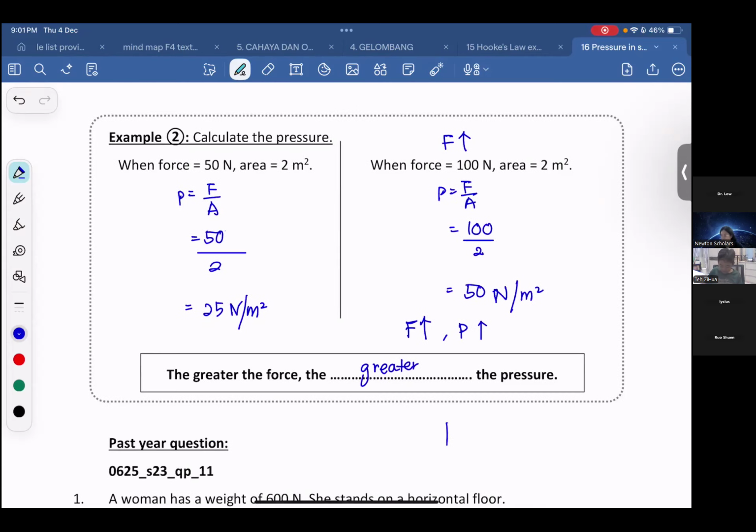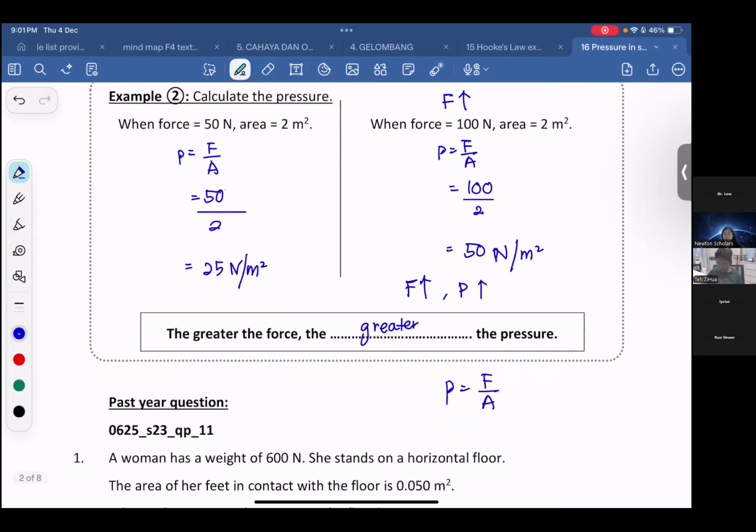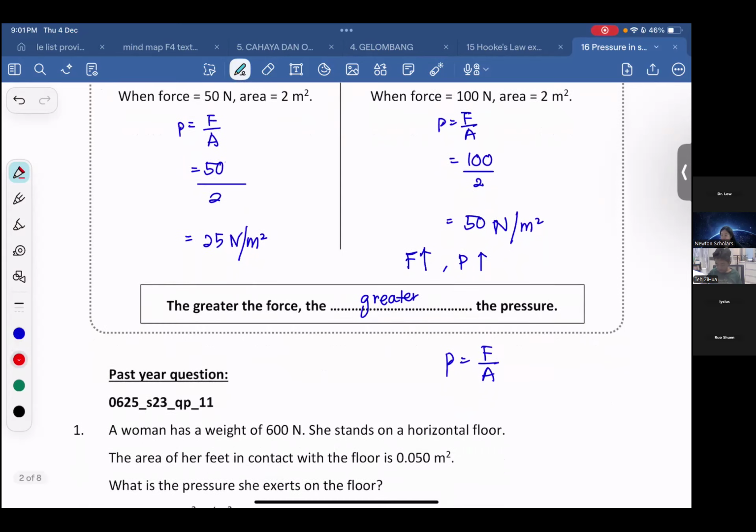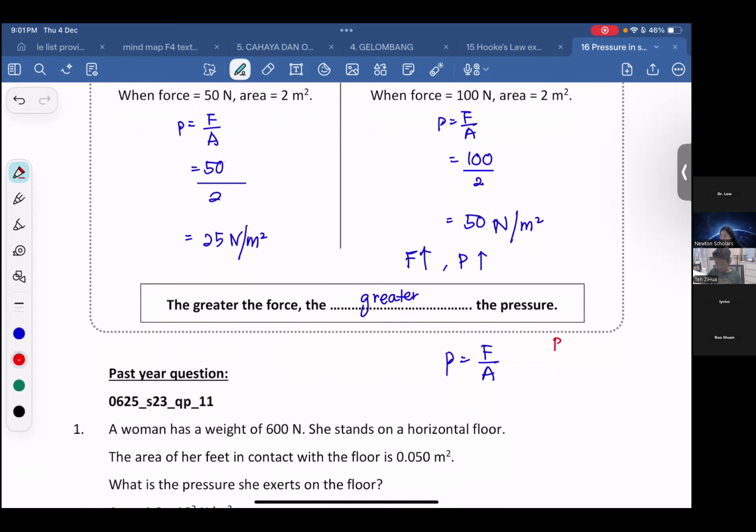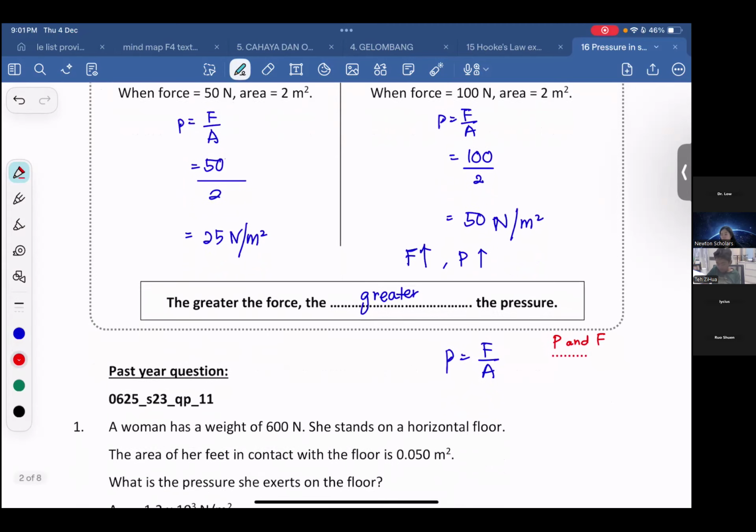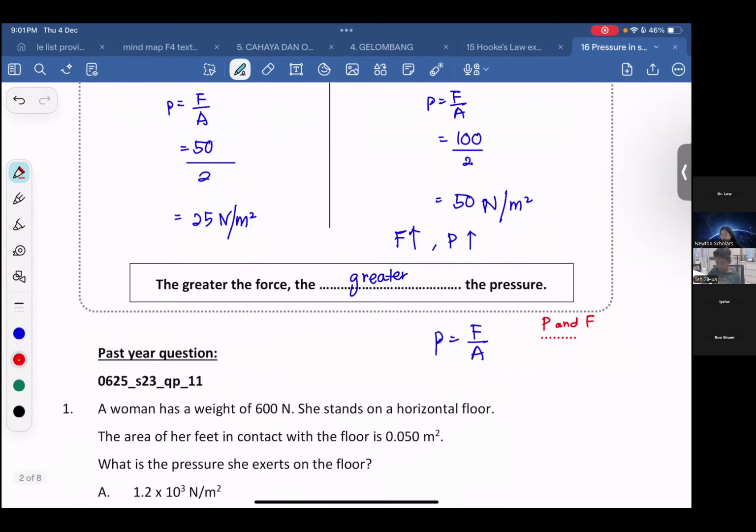So you see, P equals F over A. I want you to be very clear about the relationship. P and F, what is their relationship? They are directly proportional. What is the meaning of directly proportional? Pressure increases when your force increases. This is called directly proportional.